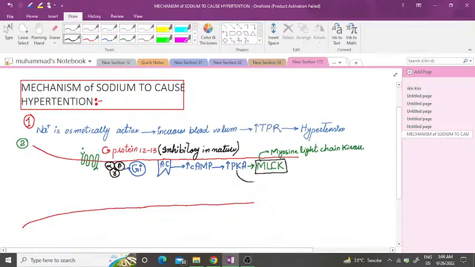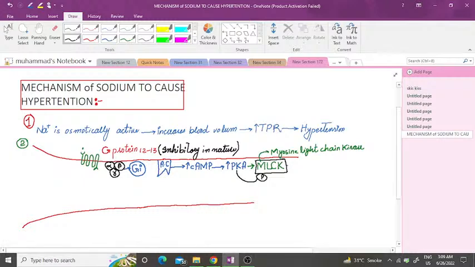When the phosphorylation of the myosin light chain kinase happens, it gets deactivated. In normal cases when any protein gets phosphorylated, it becomes active. But myosin light chain kinase is one of those proteins that become inactivated when phosphorylated.